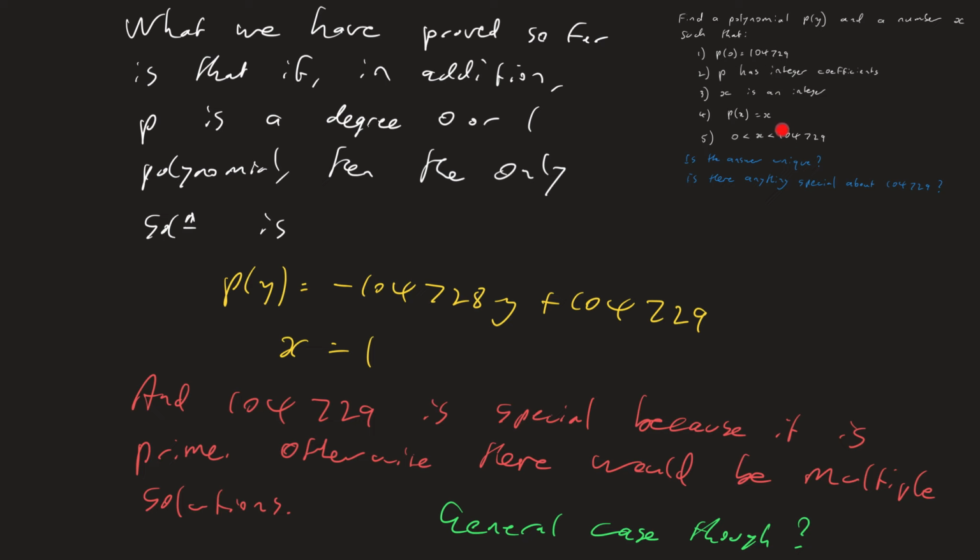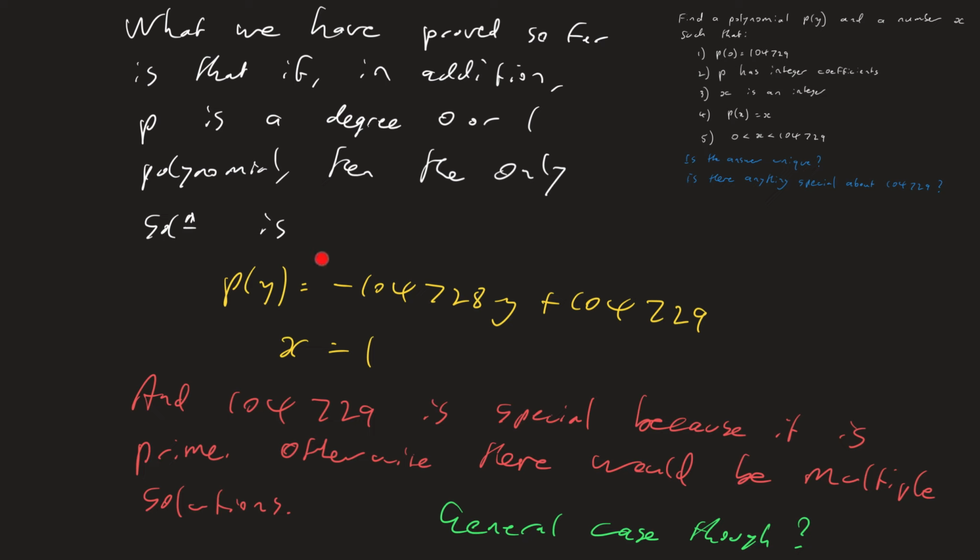We first studied this problem when p of y was a degree 0 polynomial, and we found that there was no solution. There's no degree 0 polynomial that can be made to satisfy all 5 requirements here. Then we studied the case when p of y was a degree 1 polynomial, and we found there was precisely one degree 1 polynomial which satisfied the requirements here, and there was precisely one x which, for that particular polynomial, satisfied the requirements here.